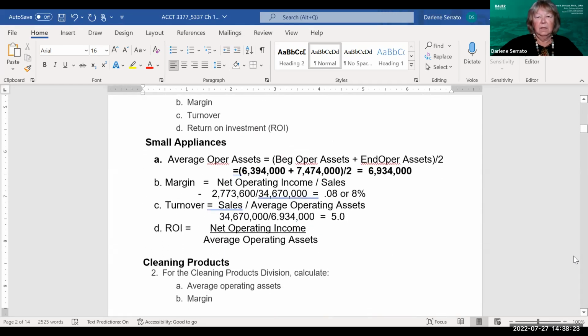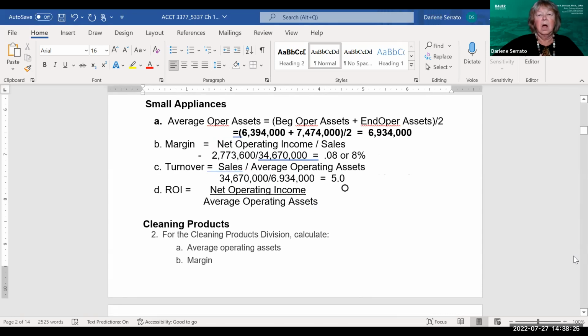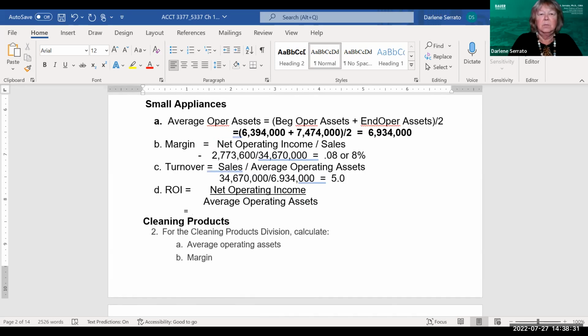Okay. Then we have one more, ROI. We could calculate it 2 ways. I'm going to calculate it as if I hadn't done margin and turnover already. So net operating income is 2,773,600 divided by average operating assets of 6,934,000.